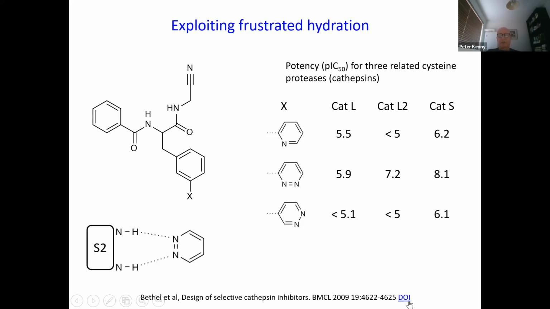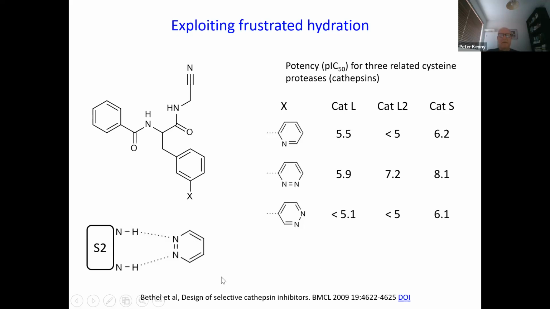One thing I'll say about this paper is in those days, I wasn't really talking about frustrated hydration, and we were talking much more about secondary electrostatic interactions. What was I going to say? Yeah, so I think one moves on. I'd be very disappointed if I was thinking about things in exactly the same way as I was 14 years ago.